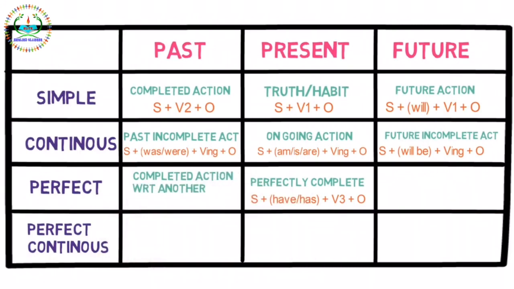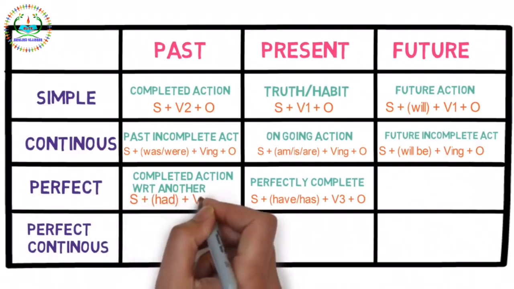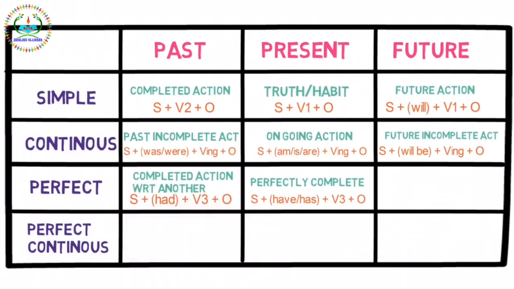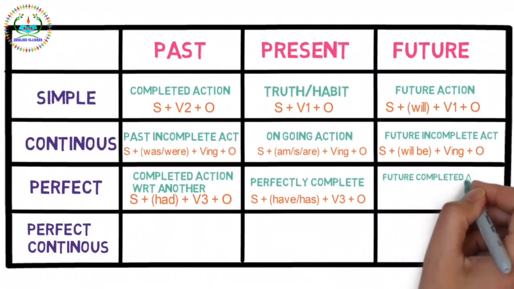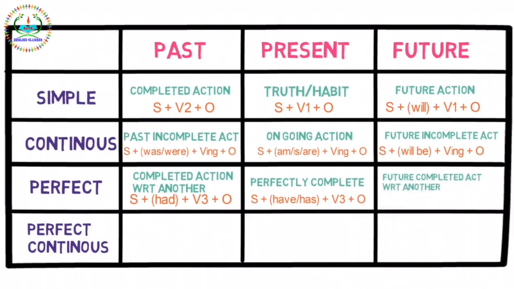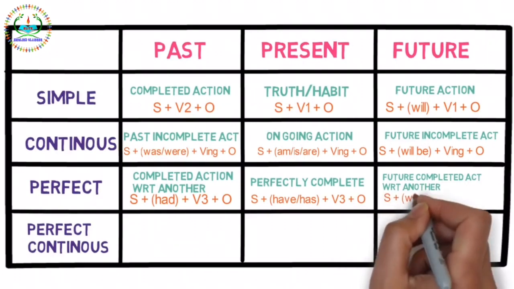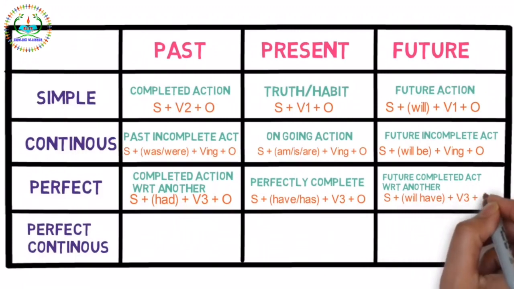Structure of it is subject plus had plus verb's third form plus object. Future perfect tense. It refers to an action that will happen before any another event in the future. Structure of it is subject plus will have plus verb's third form plus object.